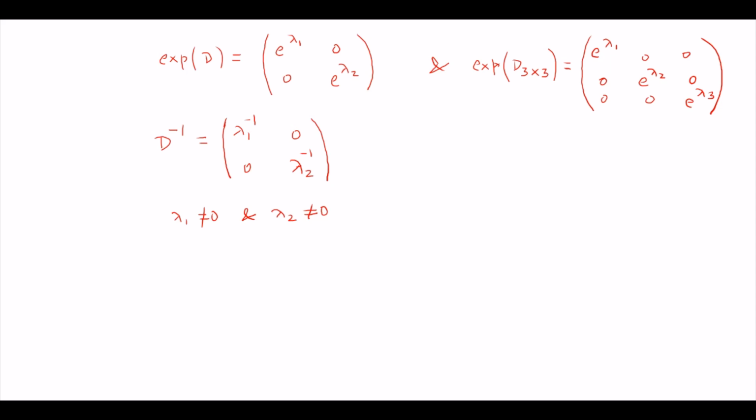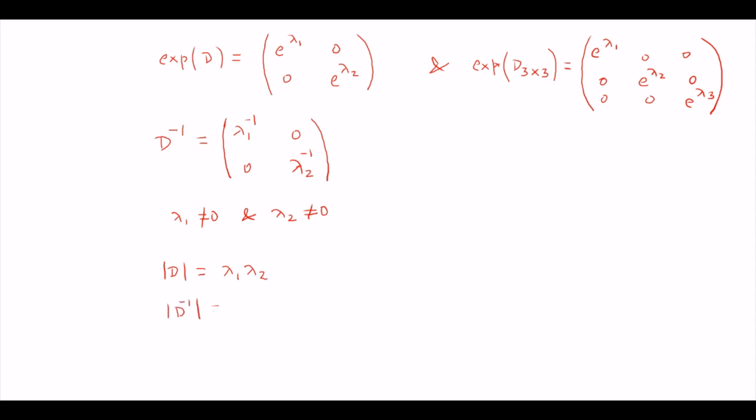Now if you want to calculate the determinant of these matrices, the determinant of D for the 2 by 2 case, let us put the matrix between vertical bars like this. This is called the determinant of D. Don't call it a modulus. This is a determinant. So this is simply lambda 1 into lambda 2. Now what about the determinant of D inverse?